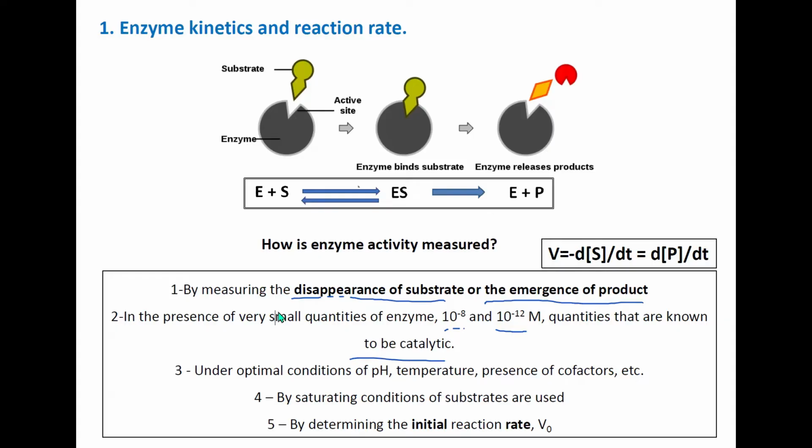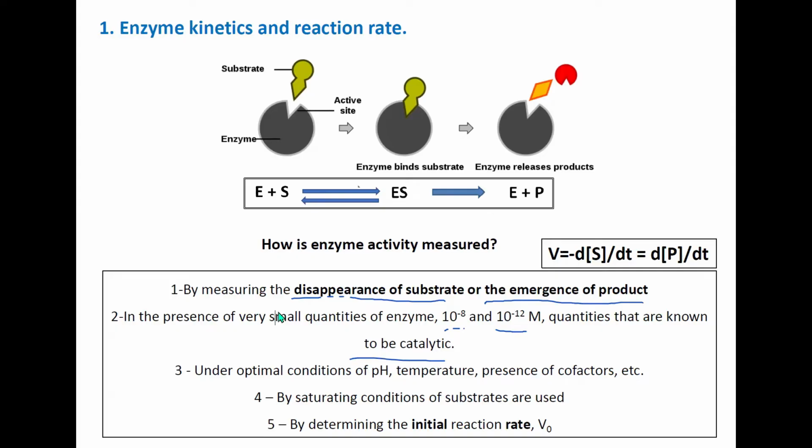And you can also do that by saturating the conditions of substrates that are used. For example, if you know this is the enzyme, you can supply the enzyme with enough substrate so that there will be a maximum enzyme activity. So you can do that when you are trying to measure the activity of the enzymes.